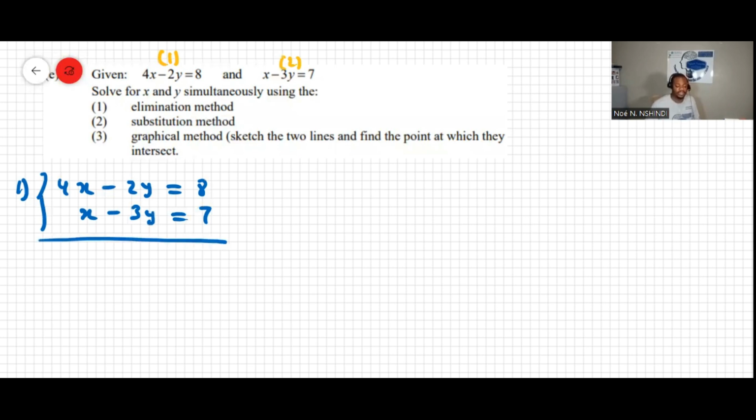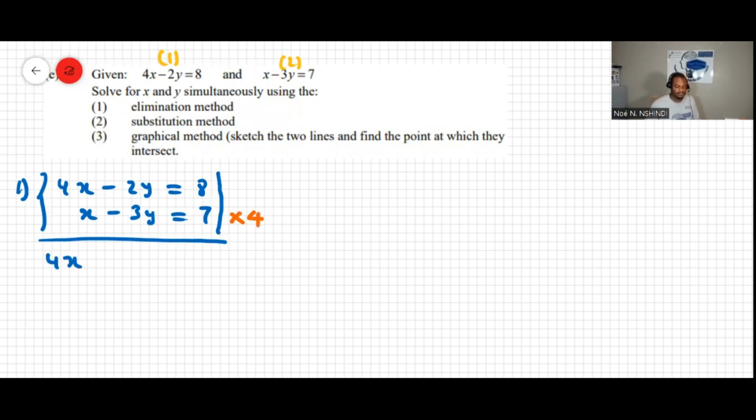So I need to choose a variable to eliminate here. I prefer to choose x to eliminate. So to eliminate that, I'll times this whole equation by 4.